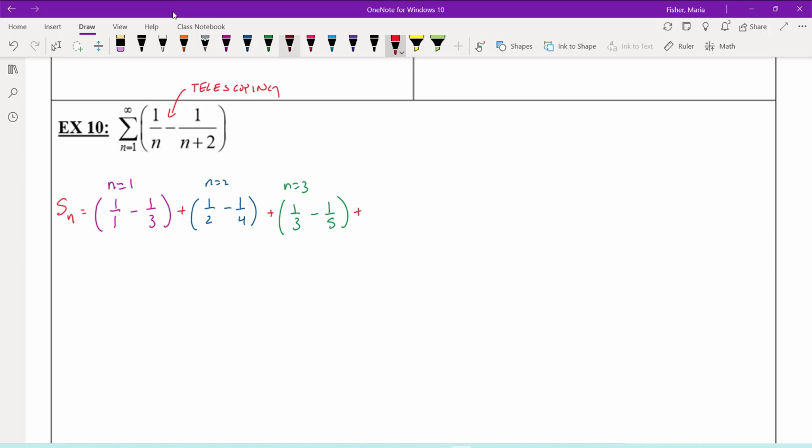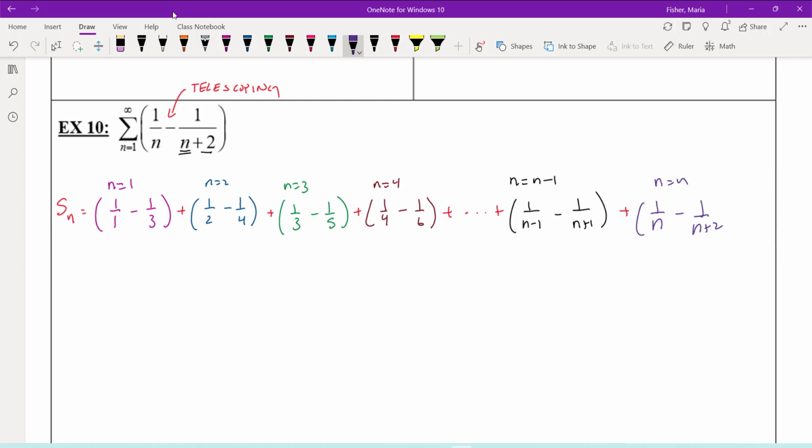N equal 4. I'd have 1 over 4 minus 1 over 6 plus dot dot dot plus, if I do n equals n minus 1, I'd have 1 over n minus 1 minus 1 over n minus 1 plus 2 is an n plus 1. Then plus our last one, n equal n. It's 1 over n minus 1 over n plus 2.